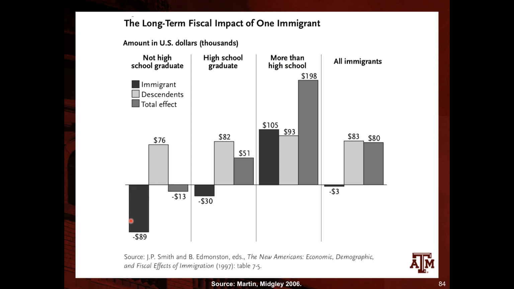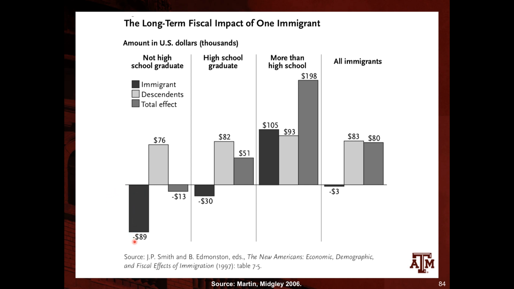And here we have immigrants, so the first generation immigrants, descendants, which is the second generation immigrants, and here the total effect. So what you see is that mostly the more negative fiscal impact you find is among immigrants with lower levels of education. So this is kind of supporting that these people are using more resources from the country than they are providing to the country.